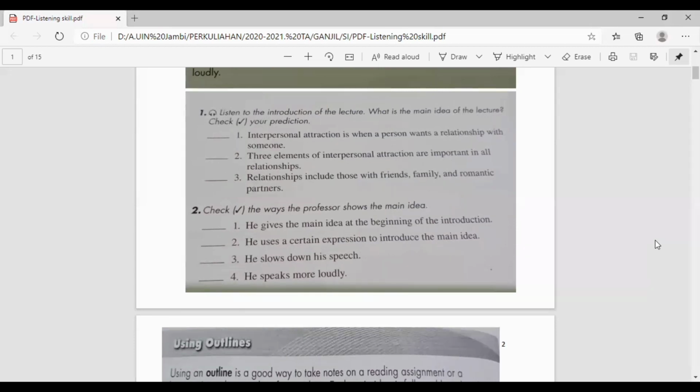If you remember, interpersonal attraction is when a person likes or wants a relationship with another person. When people hear this term, they think of romantic relationships. However, attraction is a part of all relationships, including those with friends, family, and romantic partners. So, the 3 elements I will talk about today are physical attractiveness, similarity, and exchange.